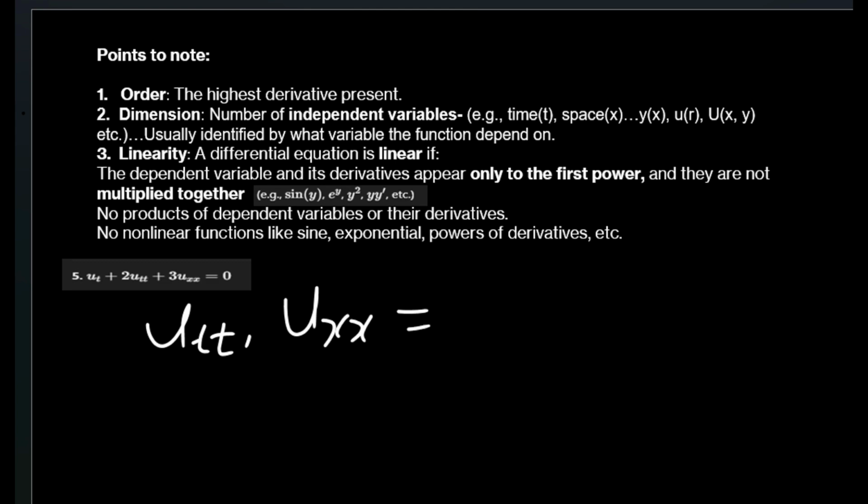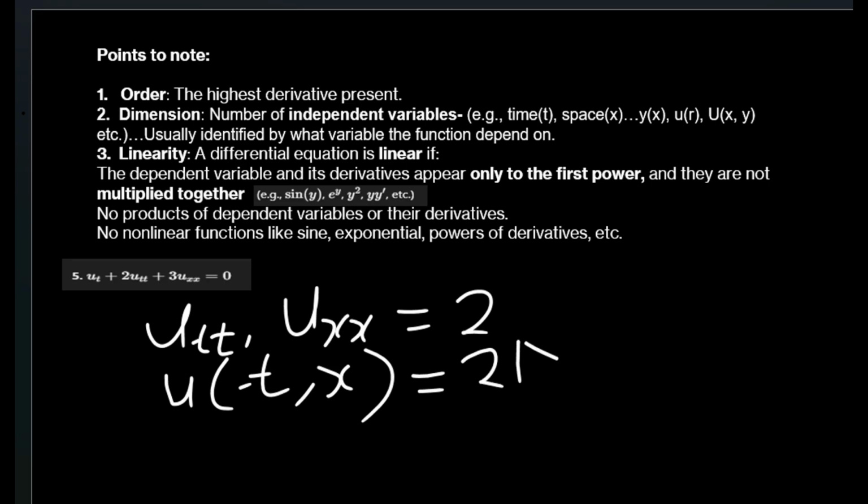So u of xx tells us that our dimension here is space and time, so that is 2. Our order is 2, and our dimension here is also going to be 2 because we are looking at space and time.